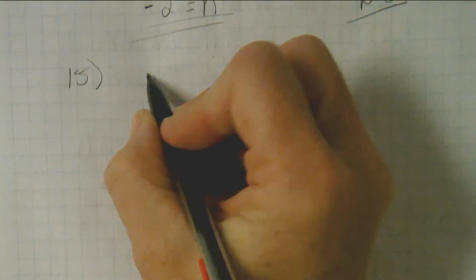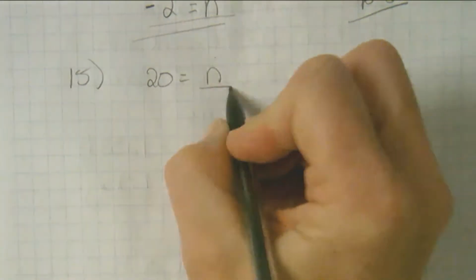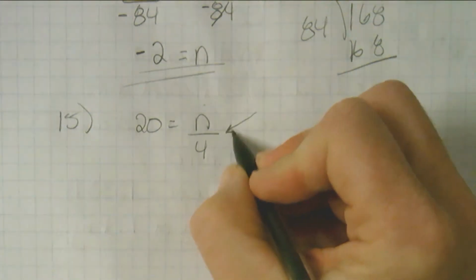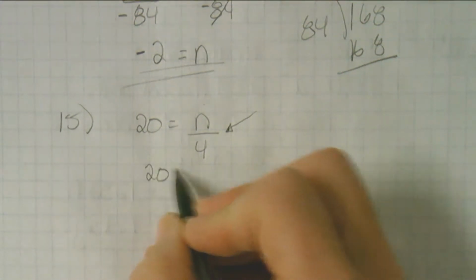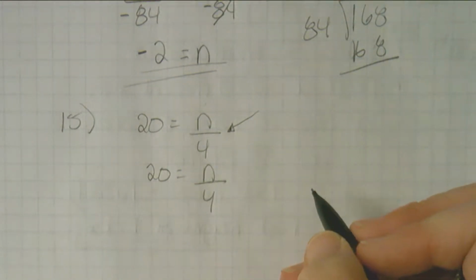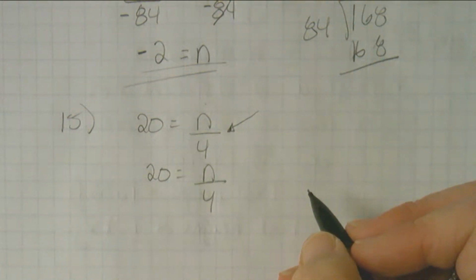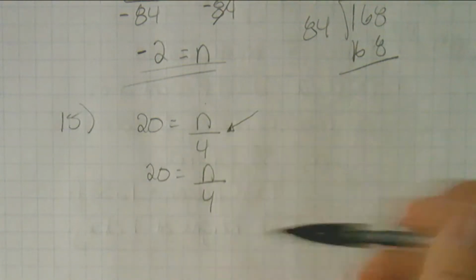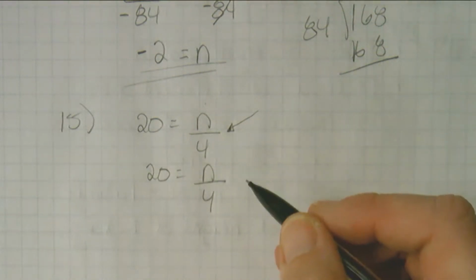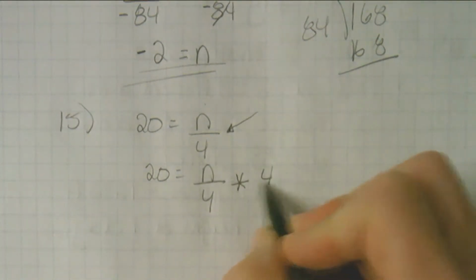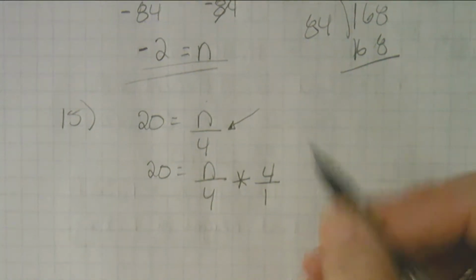15 said, I have 20 is equal to n divided by 4. All right, so Vincent, since this says n divided by 4, how do I undo that division by that 4? I'm not changing anything. I'm leaving this exactly how it is. What undoes division? So I'm going to multiply by 4 or 4 over 1.